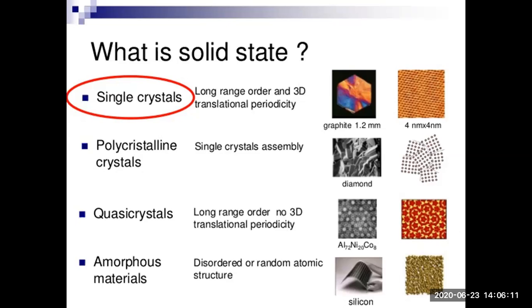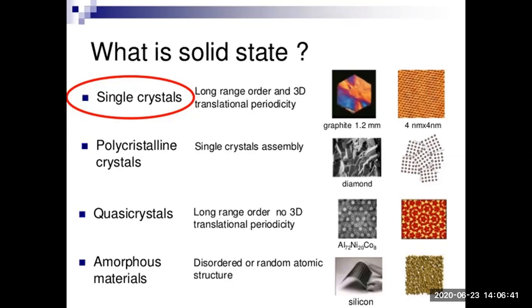Whenever we are looking at a solid, we feel that it may be a single crystal, just like a diamond. That is made of a single crystal, with long-range order and 3D translational periodicity. Graphite is once again a similar type. So a single crystal is always there.